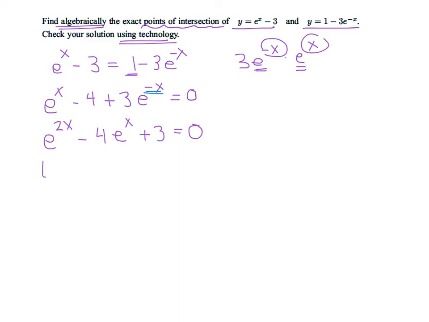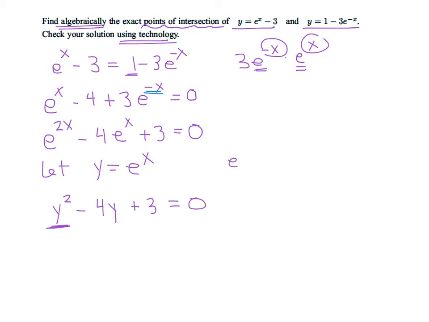If we let y be e to the x, then we can rewrite this as y squared minus 4y plus 3 is equal to 0. Hold on, pause for a second. Miss Lee, why is this a y squared?